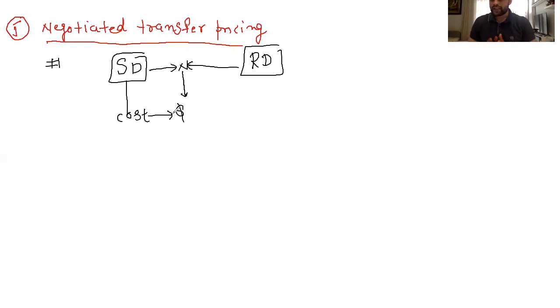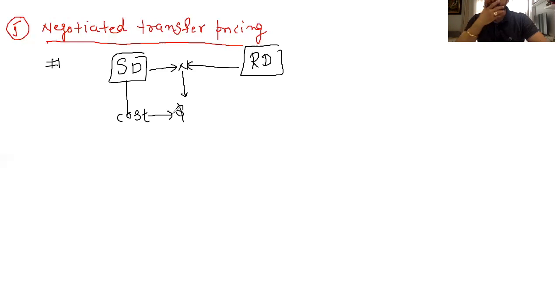But again, that markup does not depend upon the supplying division, like cost plus markup. In cost plus markup, supplying division is completely independent to determine its markup.